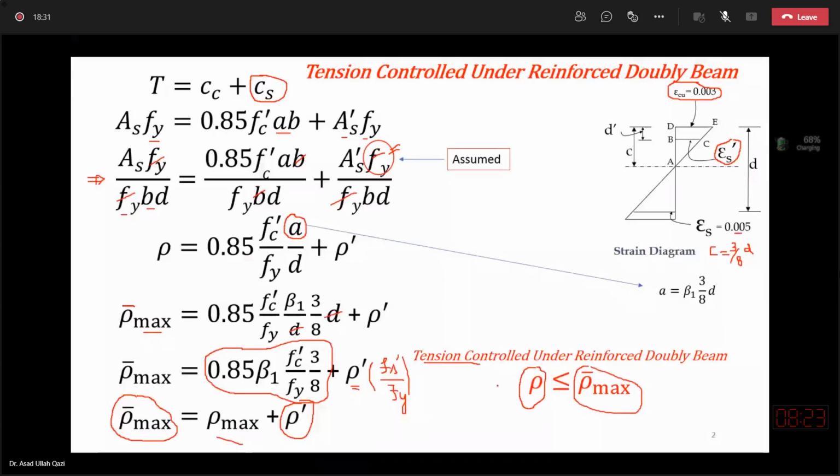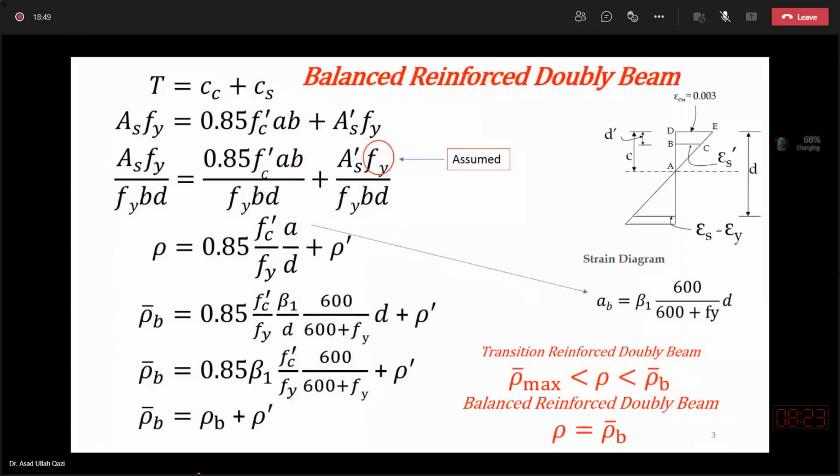And if it is not less than, then you enter either the transition domain or maybe the over reinforced domain. That will be decided if you know the rho balanced of the doubly beam. So this rho bar balanced is another threshold which will help you to classify that your beam is in the transition domain. Now for deriving the rho bar balanced, again the idea is the same.